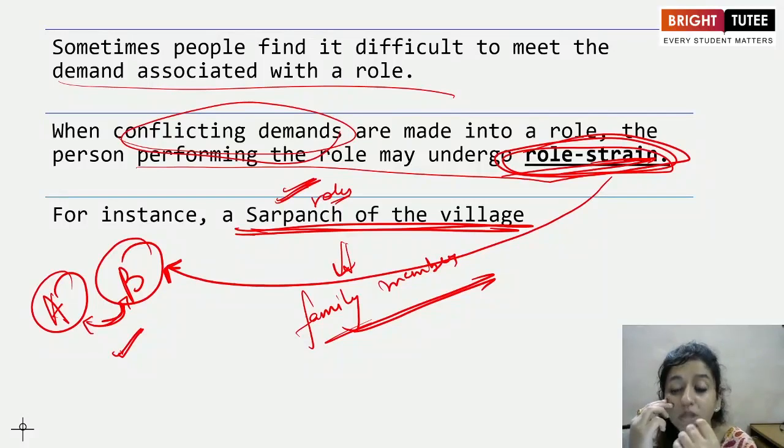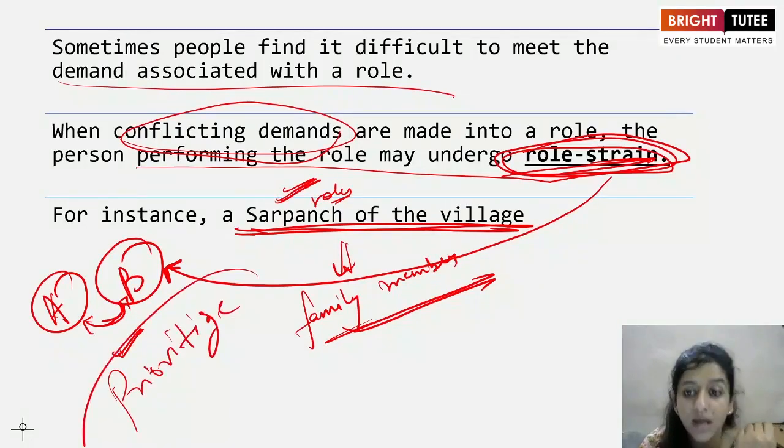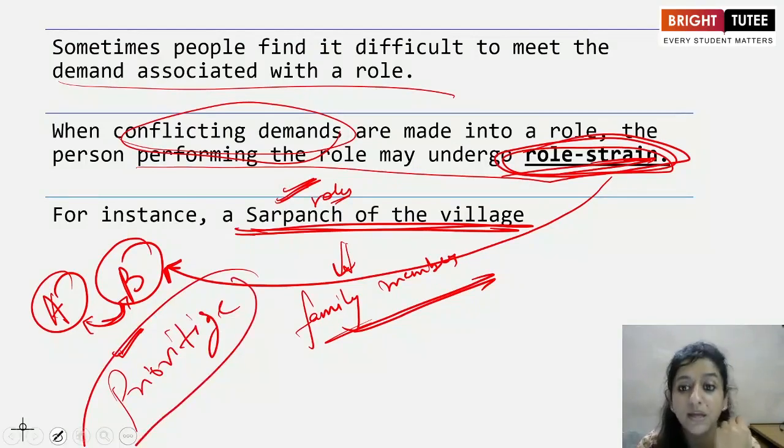And when you are unable to prioritize which one should be given importance and which one you should be performing, and it has a lot to do with your morals, your way of thinking, and who is there in front of you, that is when role strain comes into account.